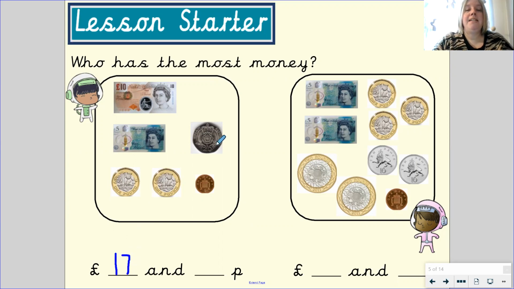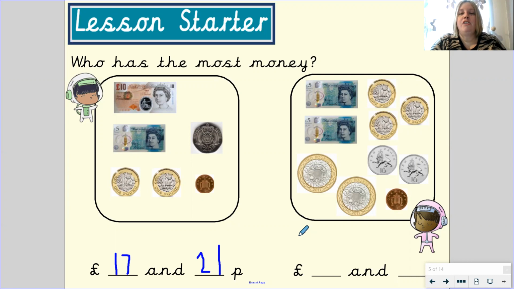Then I add the pence together. 20p add 1p is 21p. So altogether, the astronaut has £17 and 21p.